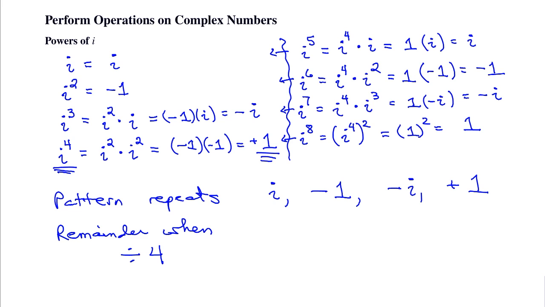If we take the exponent, divide it by 4, and it has a remainder of 1, then i to that power is going to be equal to i itself. If the remainder is 2, then i to that power is going to equal -1. If the remainder is 3, we get -i. And if the remainder is 0, then we get +1.